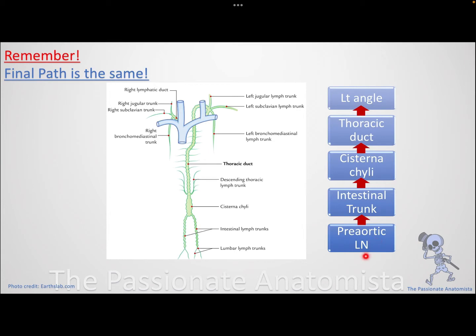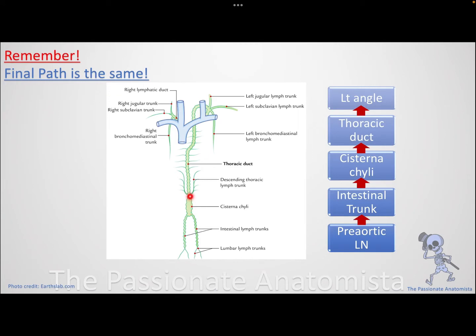So the pre-aortic lymph nodes are the lymph nodes that are grouped around the arteries of the digestive organs, which are the celiac, the superior mesenteric, and inferior mesenteric. After draining into these, they need to drain then into the intestinal lymph nodes, and from there they need to get to the cisterna chyli, which is a big elevated piece or area of your lymphatic drainage, all right?